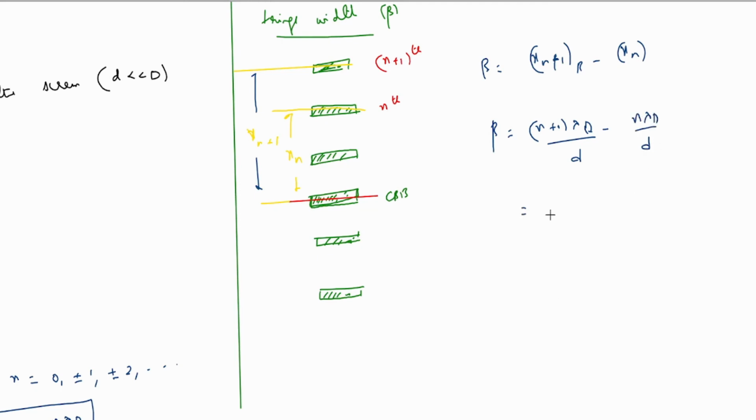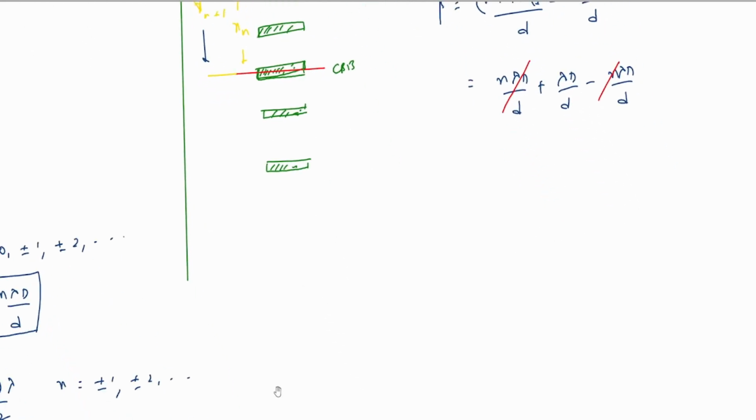If we open the bracket, it becomes n lambda D by small d plus lambda capital D by small d minus n lambda D by small d. From here this gets cancelled. Therefore beta is equal to lambda D by d. So this is the required expression for fringe width.